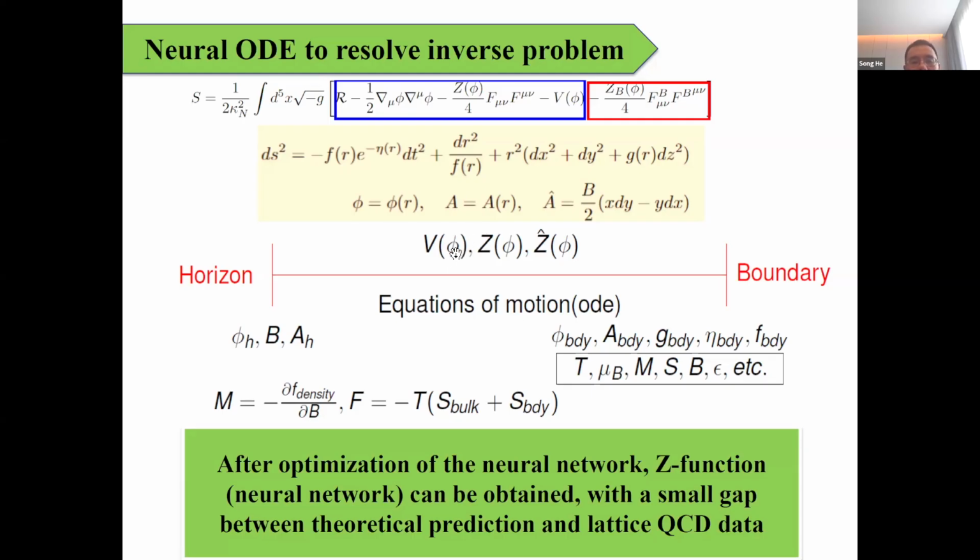Usually all the unknown functions depend on the r direction, the so-called holographic direction. We can work out the boundary and prescribe some boundary data, for example entropy, which is the so-called equation of state. Then we back propagate and compare with realistic data to finally determine Z phi, V phi, and Z hat phi.